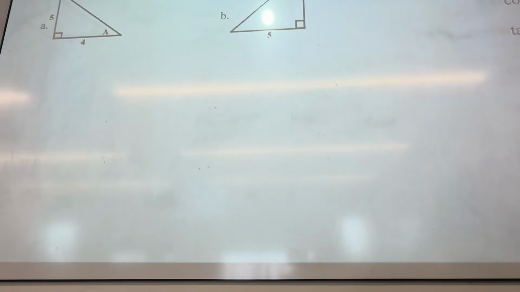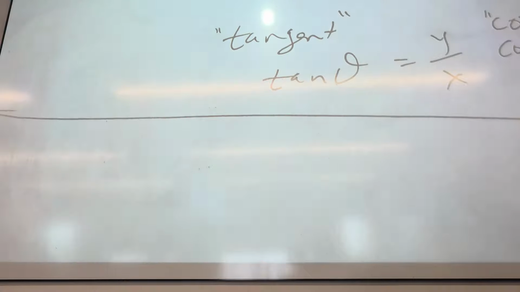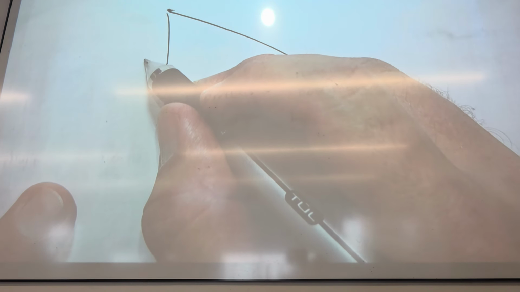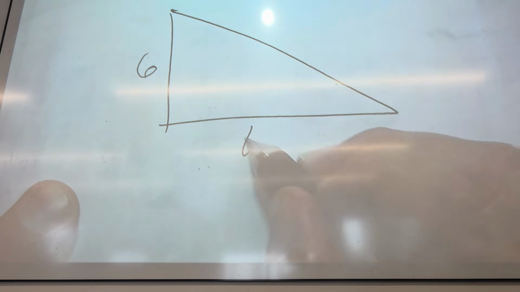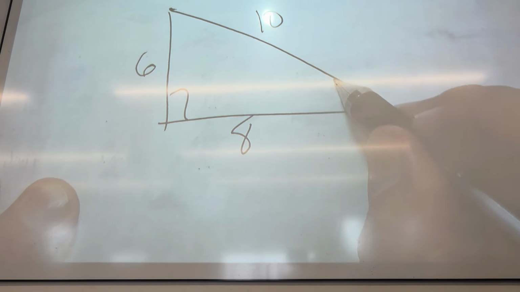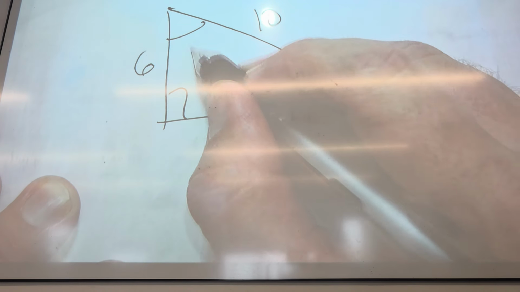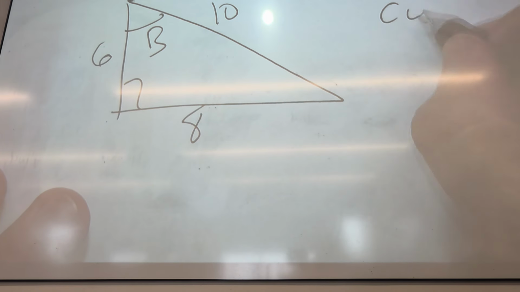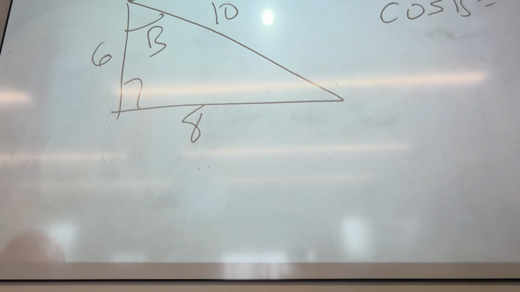In fact, here, before I unleash you on this handout, what if I had, let me see, well, I'm just going to make up, sure, we'll do 6, 8, 10. All right, yeah, let's do this. B. If I wanted to know what the cosine of B was, and I know we just learned it, but you can reference your notes, you can reference the worksheet.